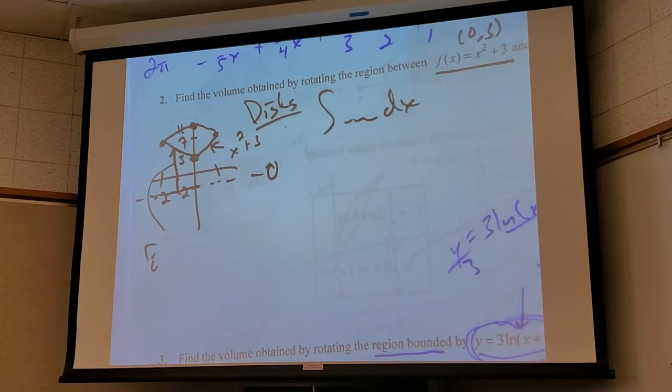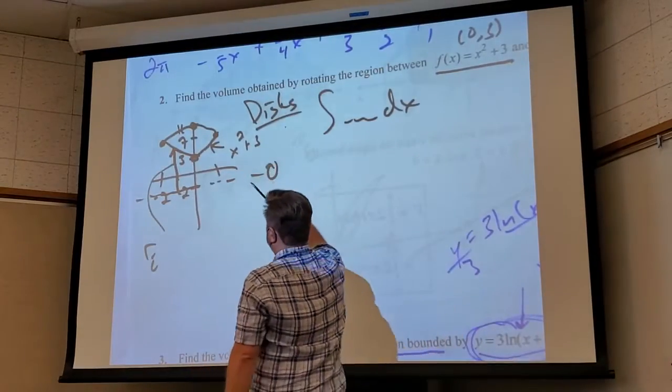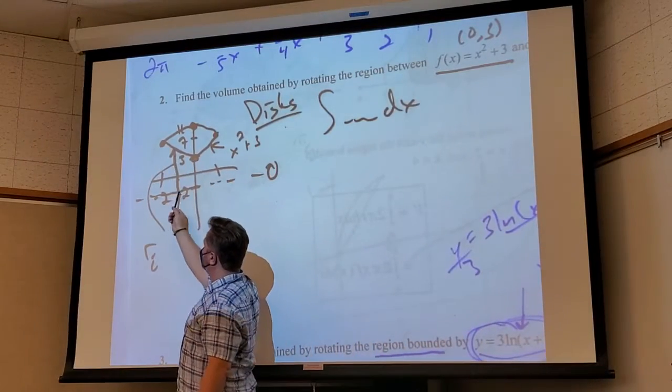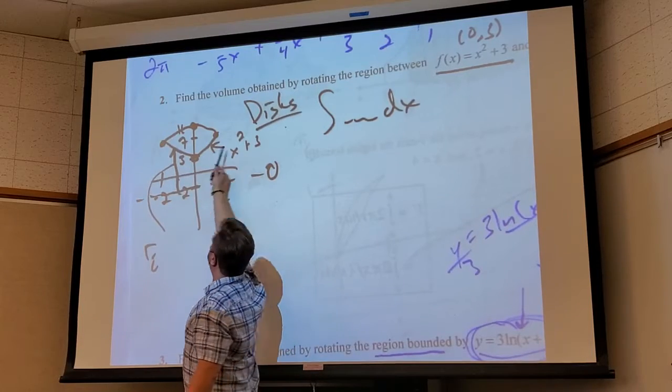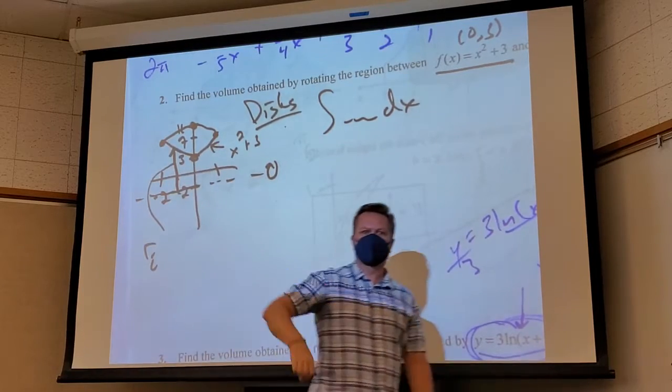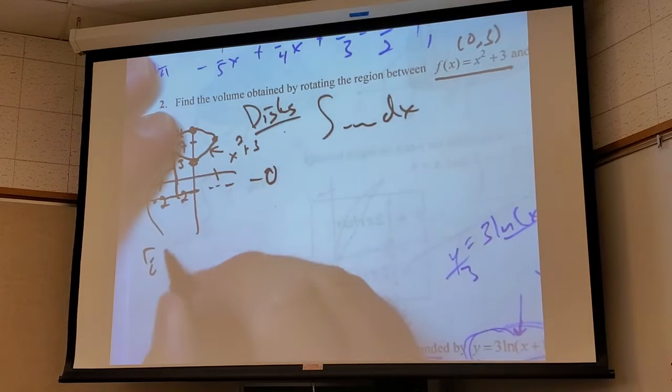The x squared plus 3, right? Minus the smaller value, right? So this is y equals x squared plus 3. That's the bigger value. Minus, what is this again? Y equals -2. So x squared plus 3 minus -2. That's the inner radius. Otherwise known as x squared plus 5.